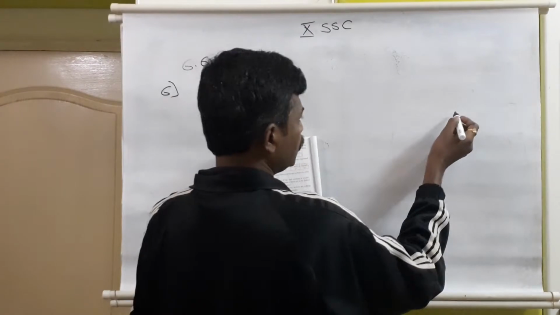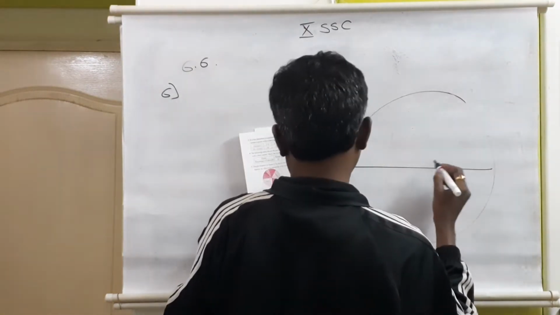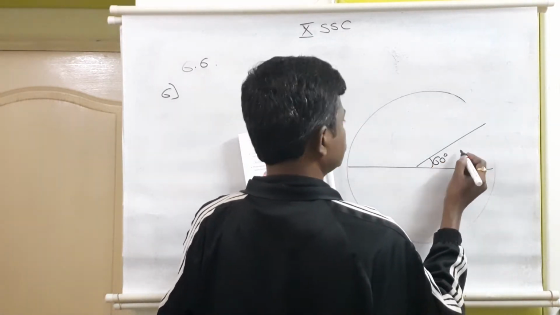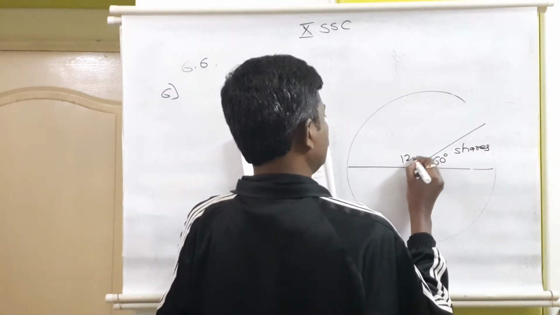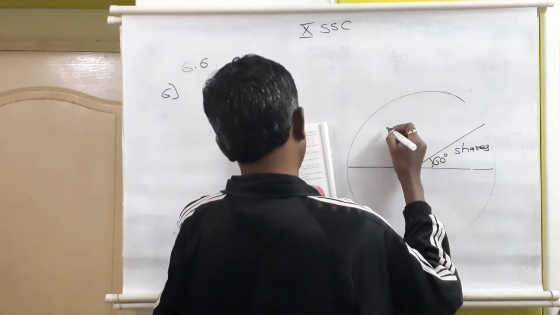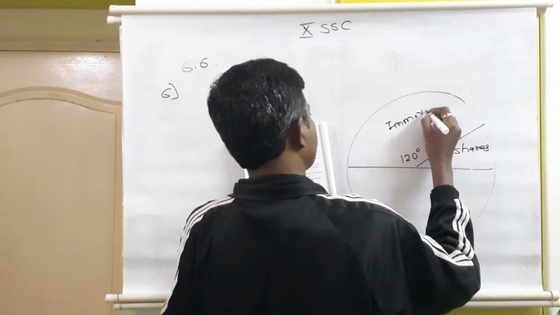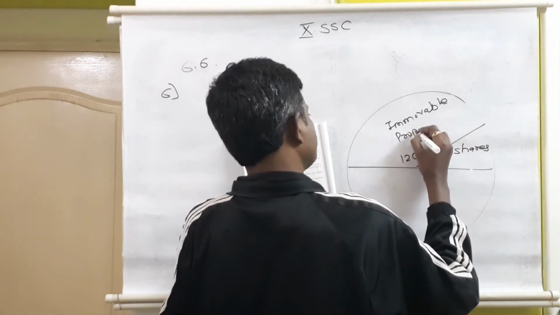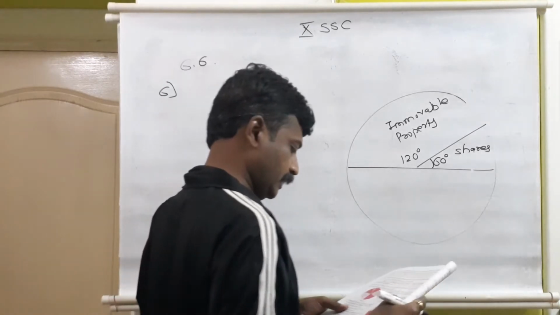First, I will take the information that is available here. This angle is 60 degrees, that is given for shares. Then this is 120 degrees, total is 180, a half circle, a semicircle. It is immovable property, that is land or house in that type.